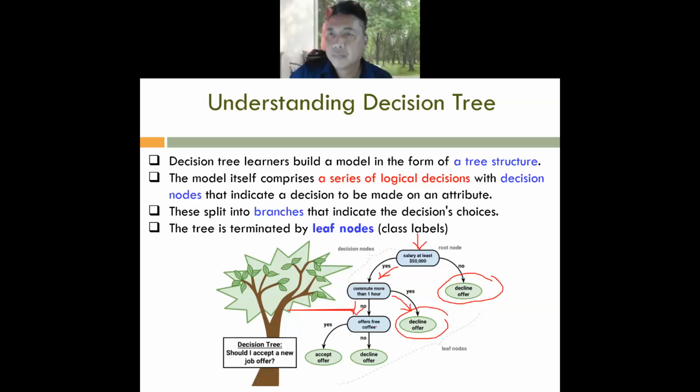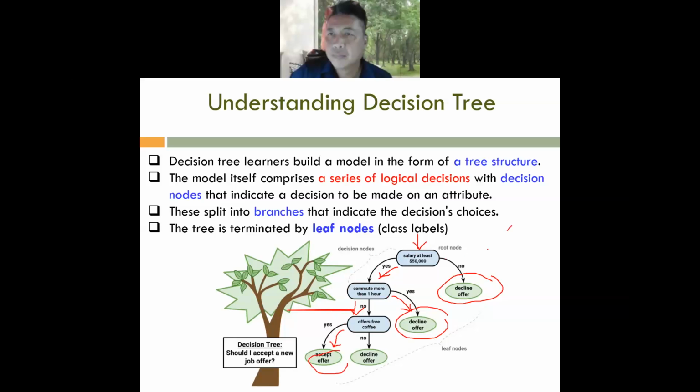And if the job offers free coffee, if yes, then you will accept. So the only way you accept the job offer is when the salary is more than 50,000 and you travel less than 1 hour and you have free coffee.